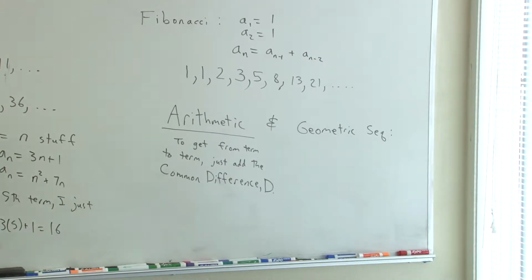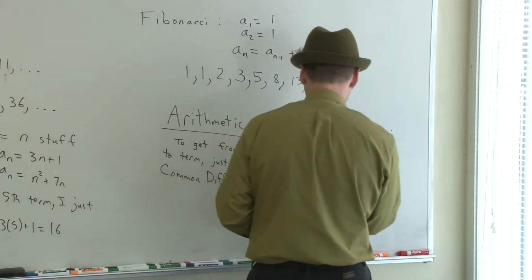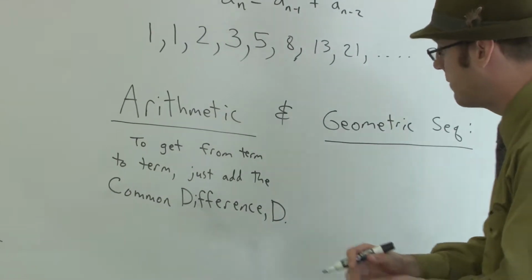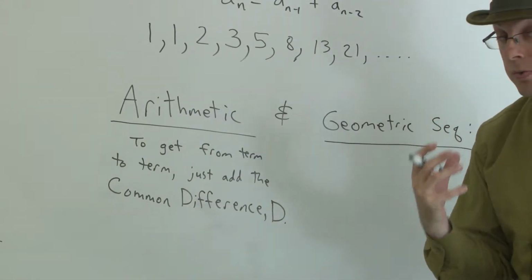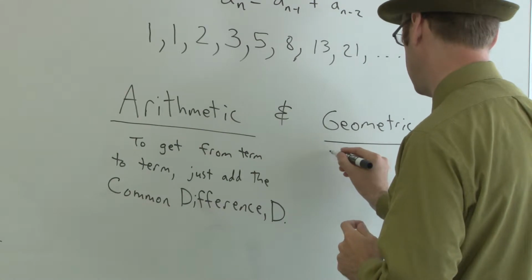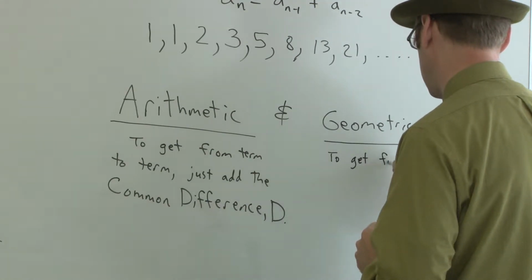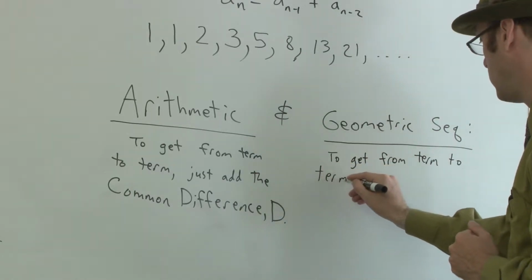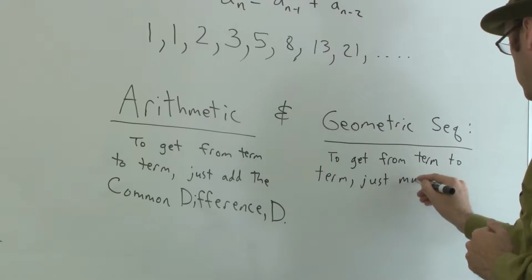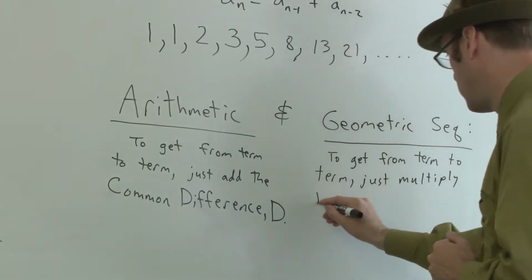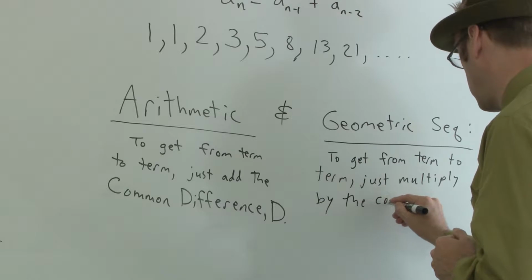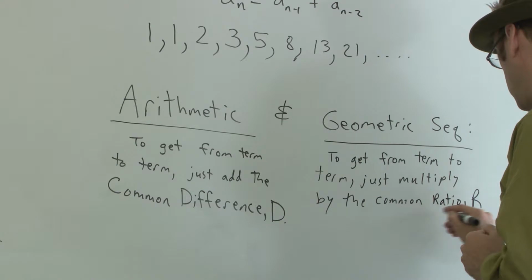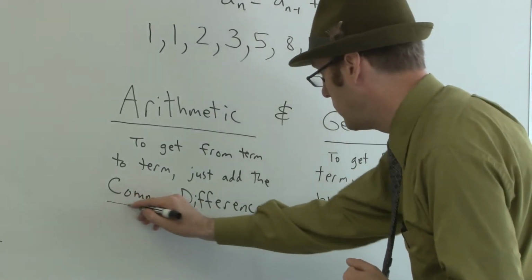A geometric sequence is where I'm just multiplying by the same thing each time, and instead of calling it the common difference, we call it the common ratio. Note the difference.